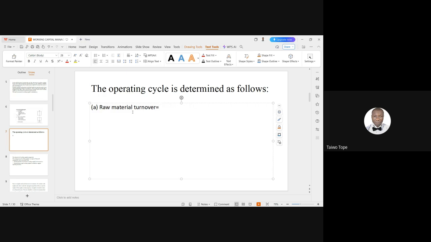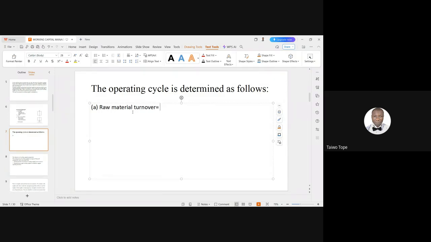Now, for you to determine the raw material turnover in days, what will be the variables to look out for in a question?